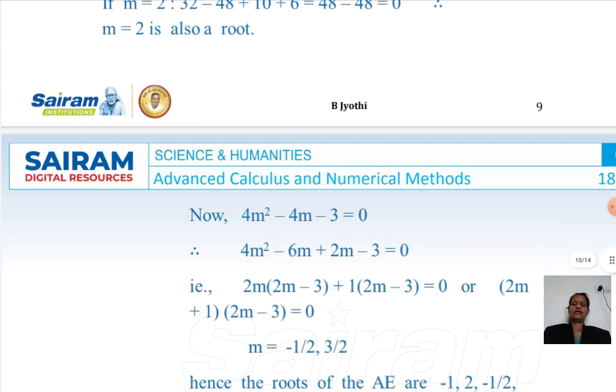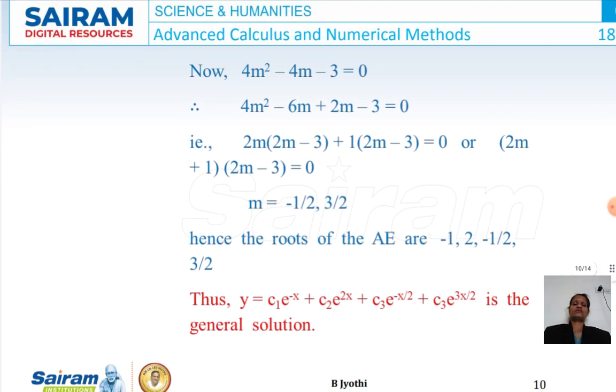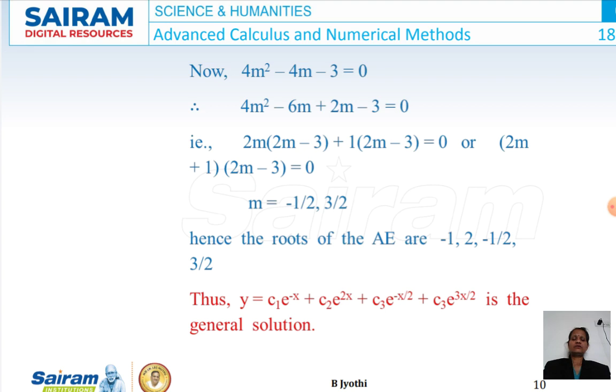Therefore, it reduces to 4m^2 - 4m - 3 = 0, and the roots of that equation will be -1/2 and 3/2. Hence, the roots are -1, 2, -1/2 and 3/2. Therefore, the general solution is c1 e^(-x) + c2 e^(2x) + c3 e^(-x/2) + c4 e^(3x/2).